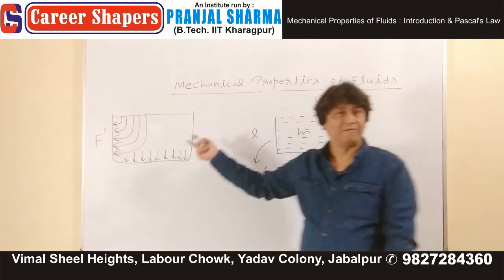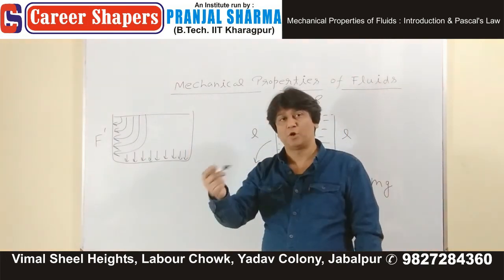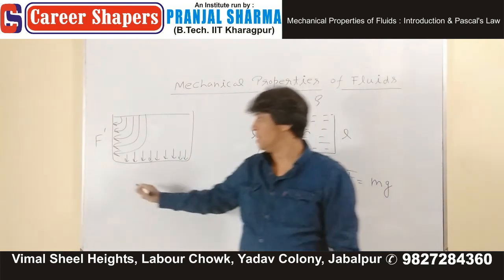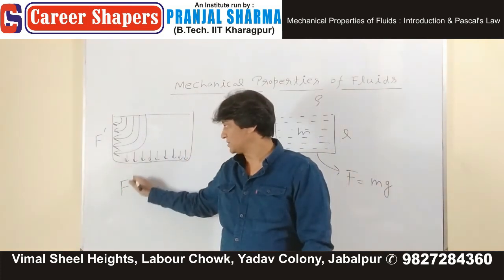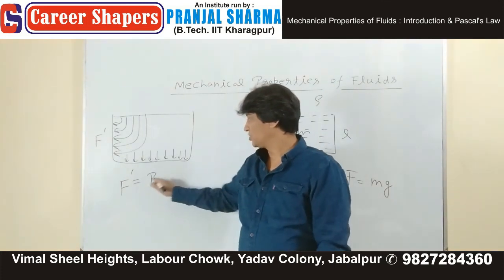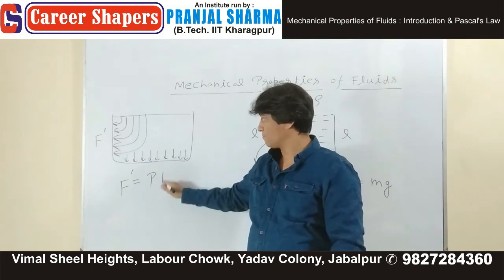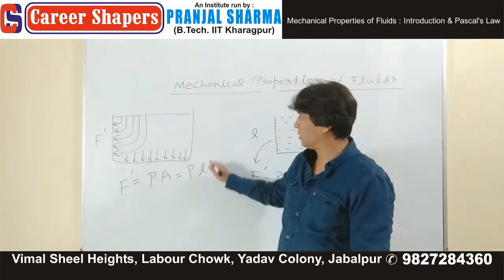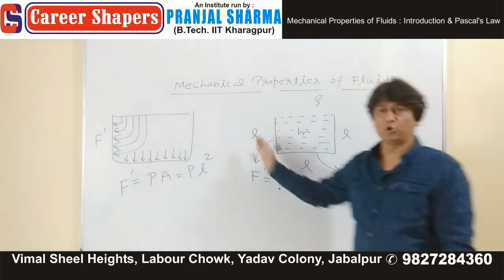And the aim is to find this F dash. If you understand how we calculate F dash, very good; if not, remember the result. Now, first tell me this, can I say that F dash is pressure multiplied by area? And when I say area, it is simply L square, because it's a cubical thing.